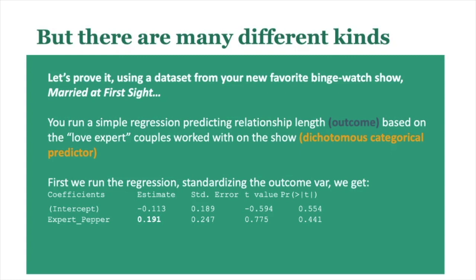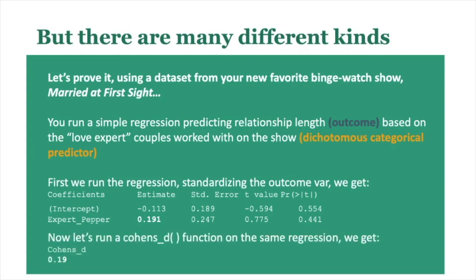We're going to use a simple regression predicting the relationship length, which is your outcome, based on the love expert couples worked with on the show, which is a dichotomous categorical predictor. So it's just a two-level predictor. And if we run this where we standardize the relationship length, our estimate is 0.191 for the difference between the experts.